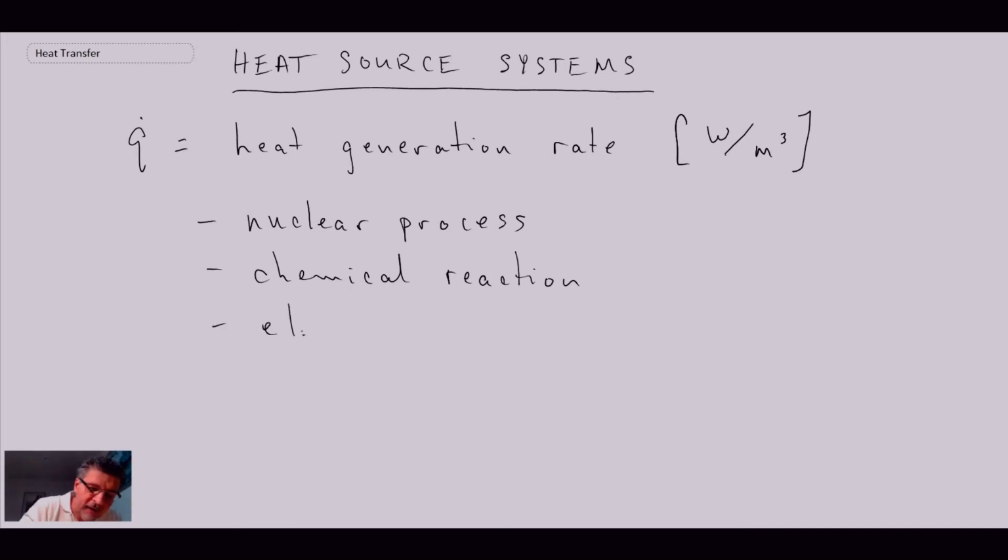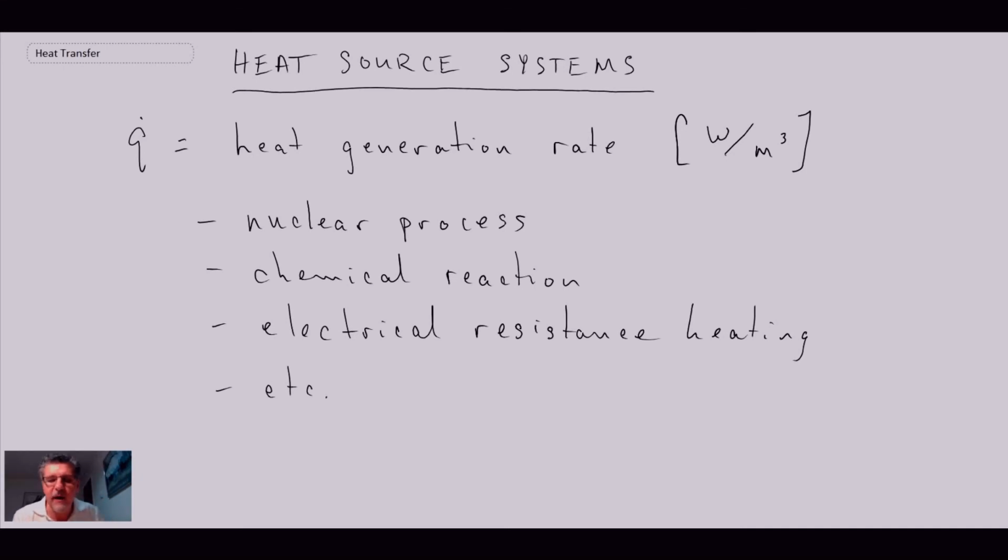Electrical resistance heating or Joule heating. And there could be others, and I will just leave that as etc. So any kind of process where you have this generation, you need to address that, and the way that we address it is through this Q dot term.